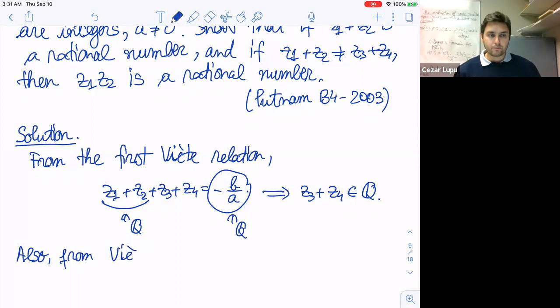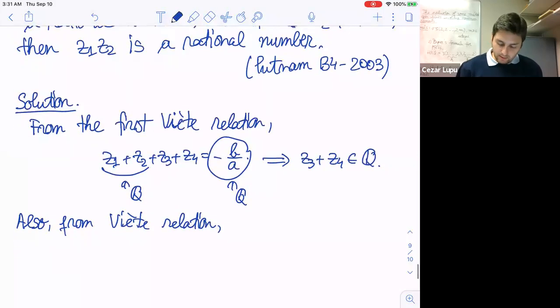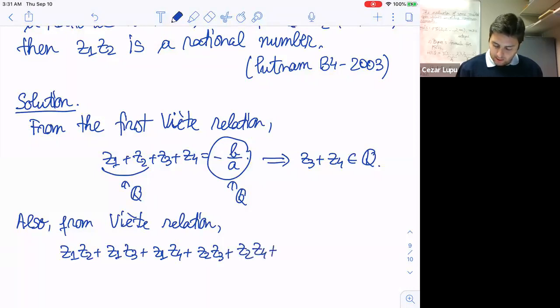Now we want to see the second Viet relation, which is z1z2 plus z1z3 plus z1z4 plus z2z3 plus z2z4, and the last one is z3z4. I think this one is c over a, right?